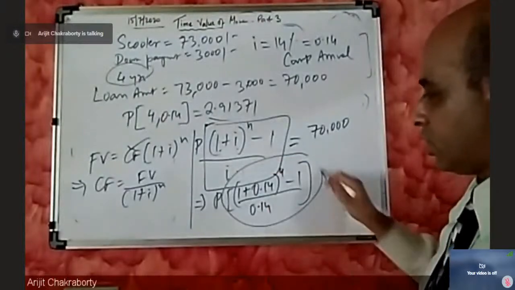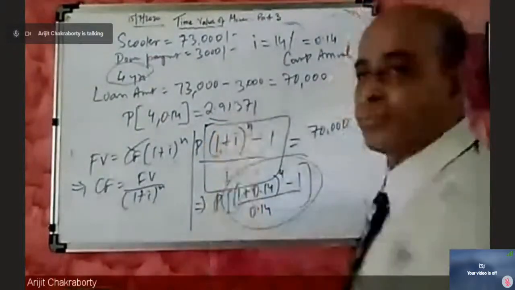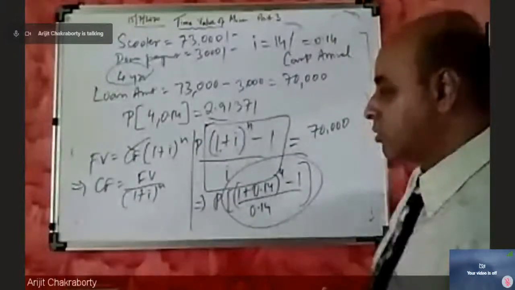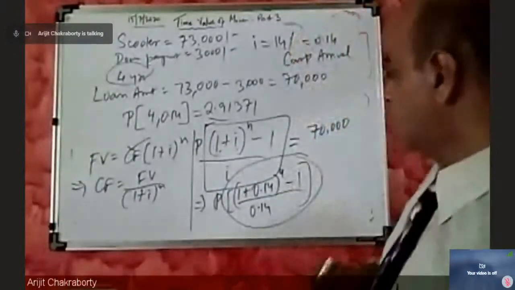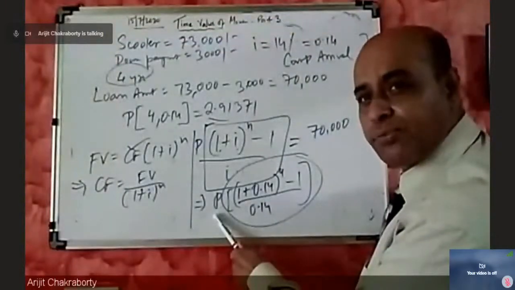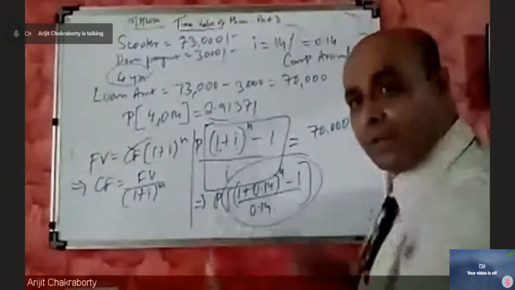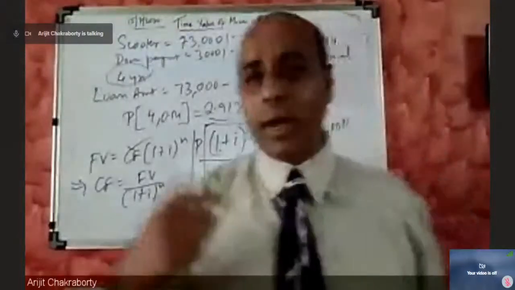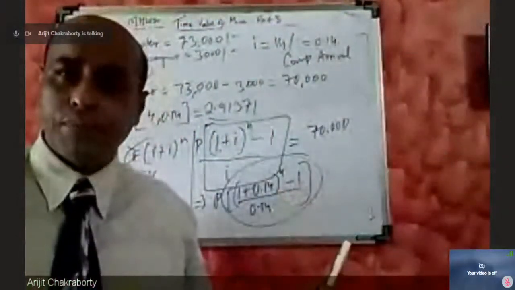This value which you see is given, 2.91371. So, it is simple. P is the amount of loan repayment per year which we have to find out.